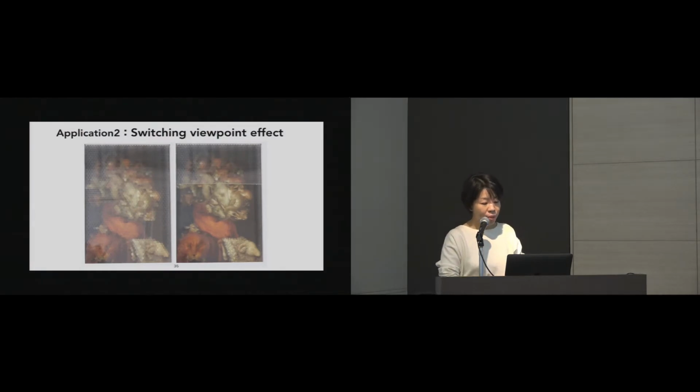As an application of indirectly applying the function of changing the appearance, we implemented the effect of switching viewpoints. Specifically, we created an effect where a painting embodying different information in the micro and macro viewpoints can look like a different painting depending on whether it is pixelized or not.